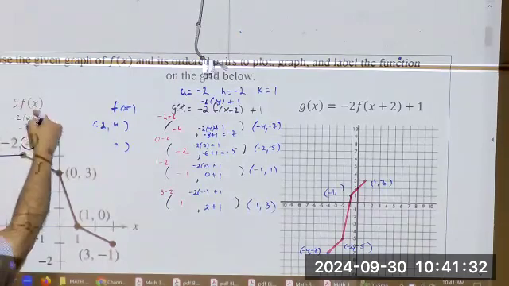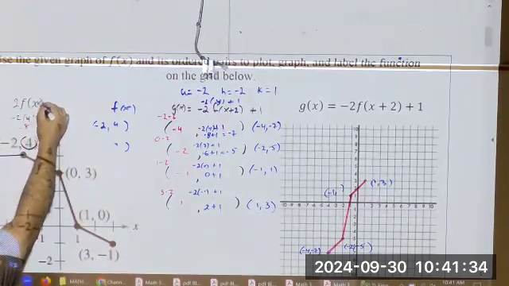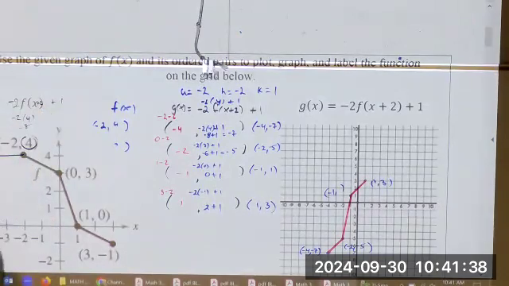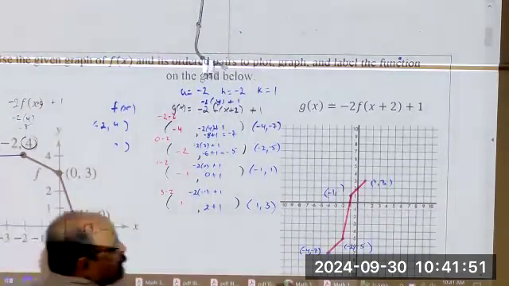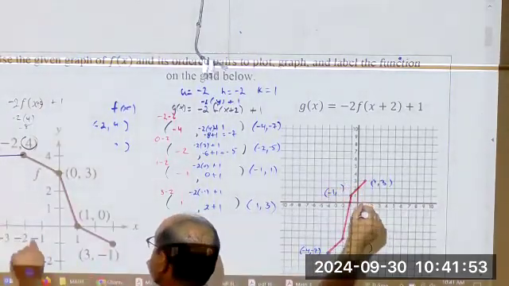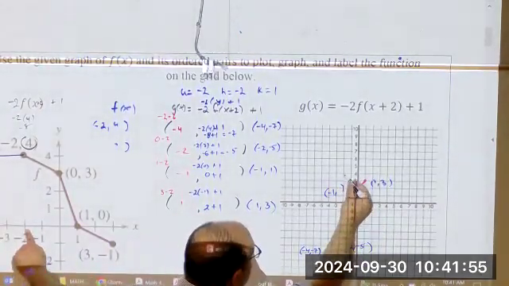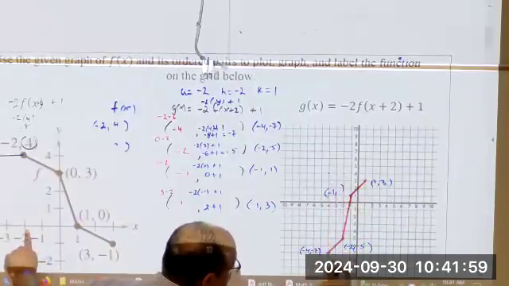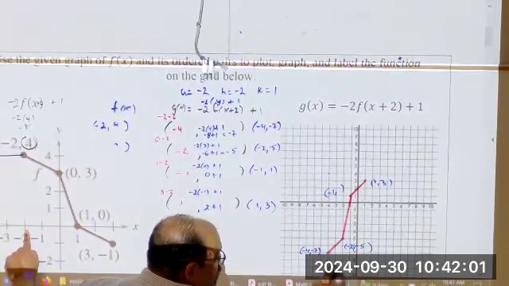Then you shift it up 1, so it shifted up to -7. So it used to be at -2, 4, it shifted 2 to the left, it got flipped down to -8, and then shifted up 1.